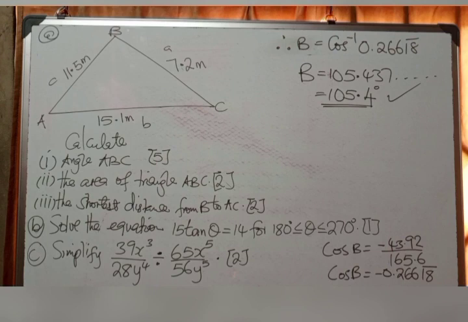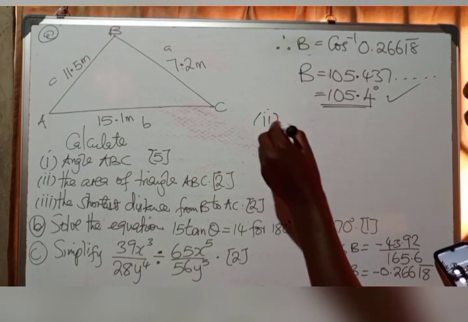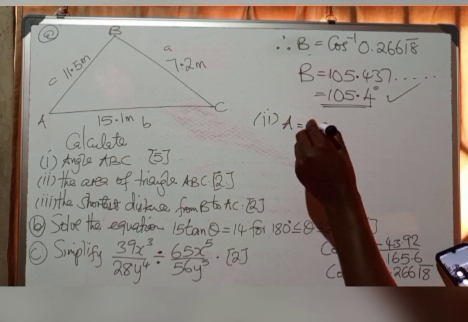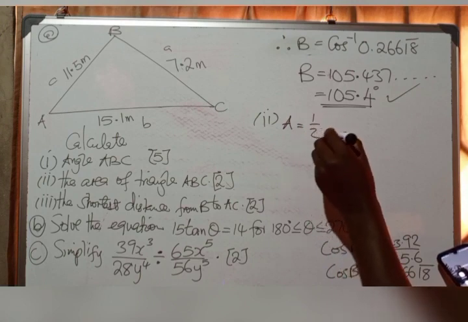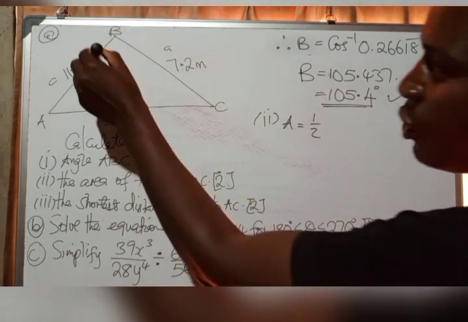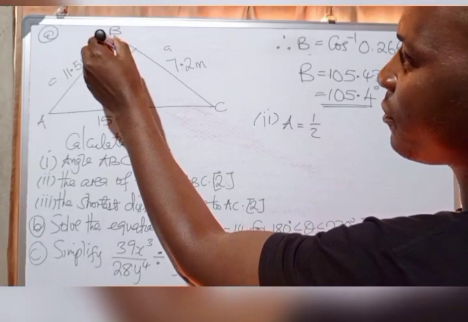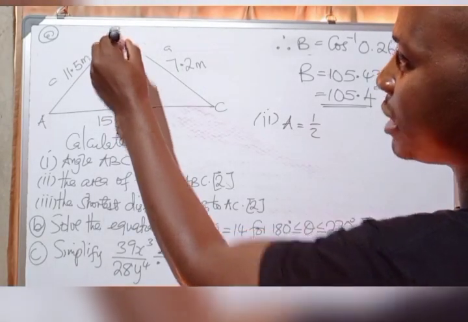Let us now go to another question which says find the area. This is question number 2. How do we find the area? Under trigonometry, we're going to say 1/2. Let me put the 105.4 as our angle.